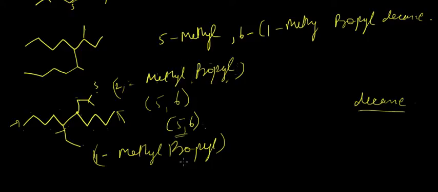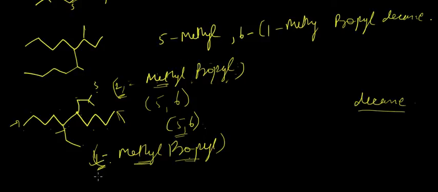Both substituents are the same alphabetically, but for this propyl the methyl substituent is at the second position, and for this propyl the methyl substituent is at the first position.